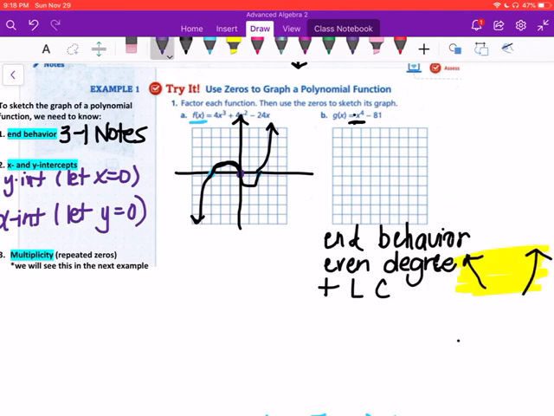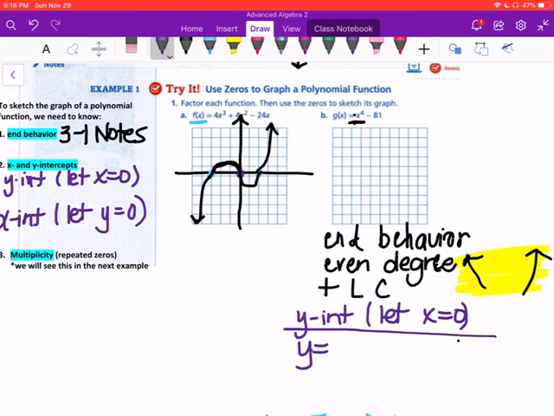Then I'm going to find my x and y intercepts. So let's find the y-intercept first. Remember, with the y-intercept, you're going to let x equal 0. So when I let x equal 0, y equals 0 to the fourth minus 81.